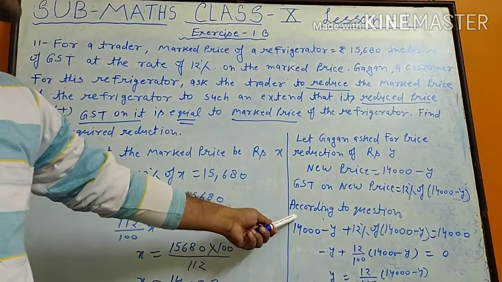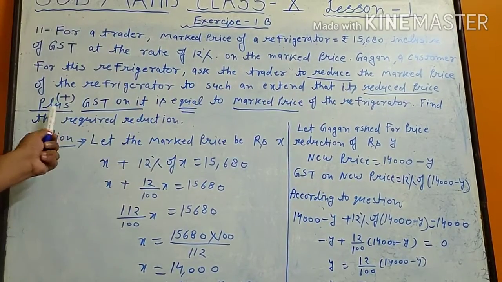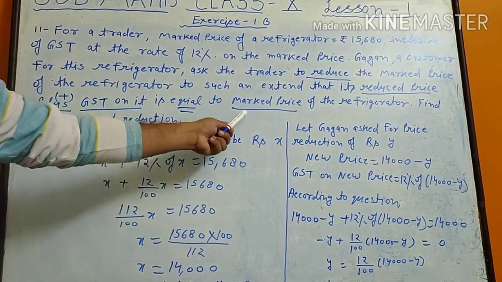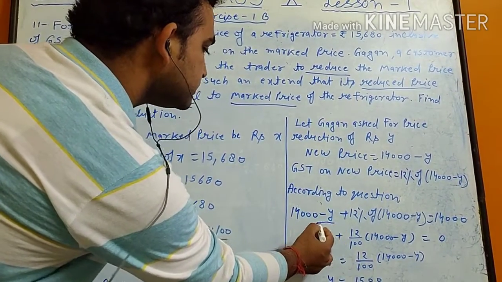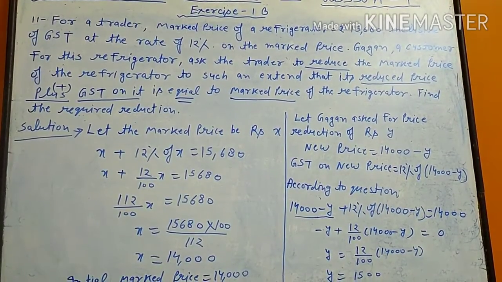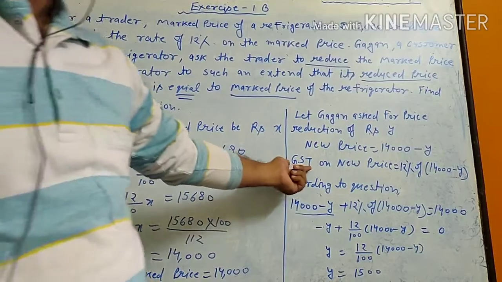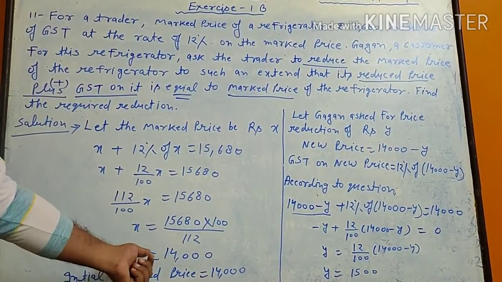Now according to the question, what is the question? That the reduced price plus GST is equal to the mark price. So the reduced price plus 12% of 14,000 minus y, that is the GST, is equal to the mark price. Mark price is what? 14,000.